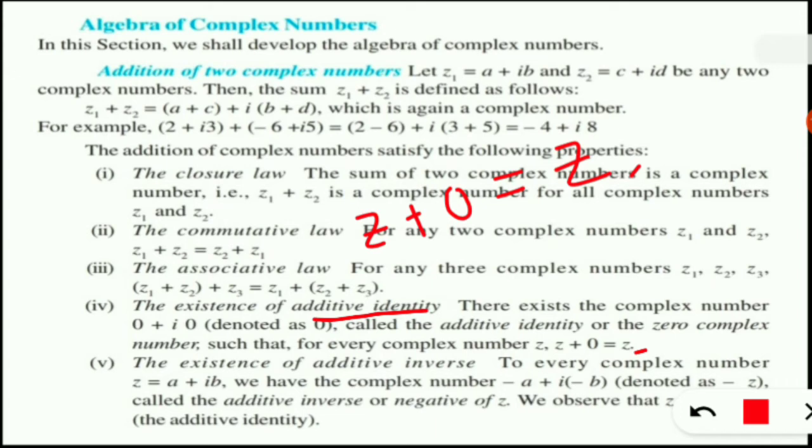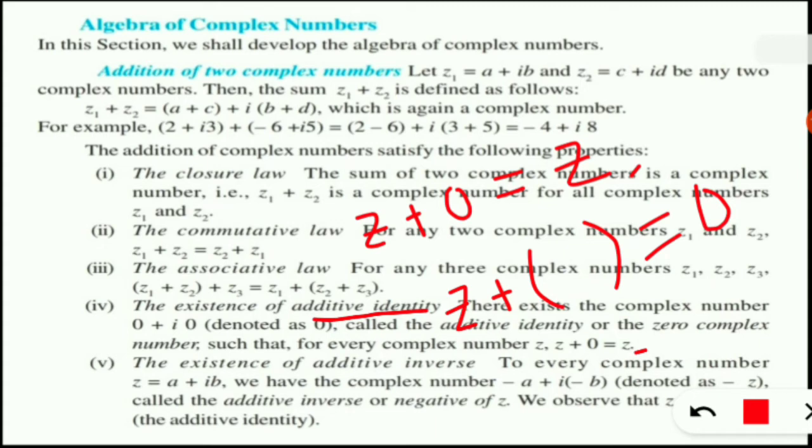But for additive inverse, always equal to additive identity comes off. Clear? For additive inverse always equal to identity comes off. That means z plus something equal to identity, meaning 0.